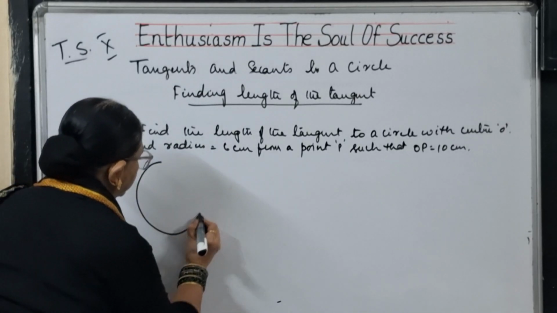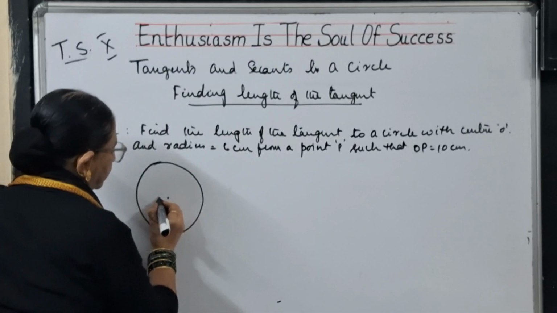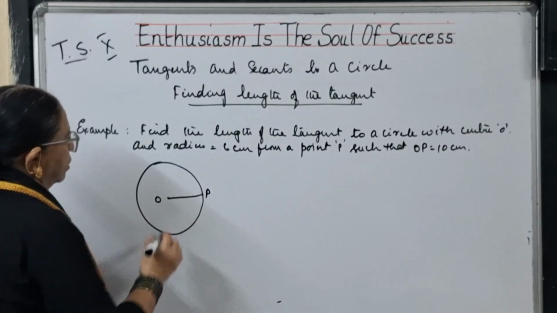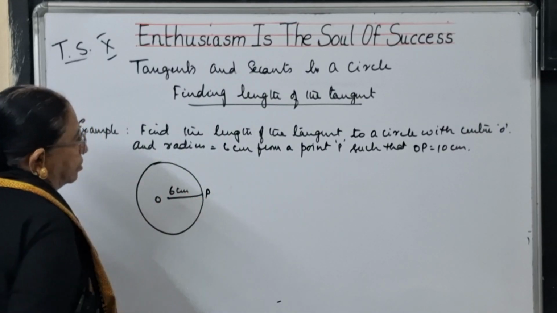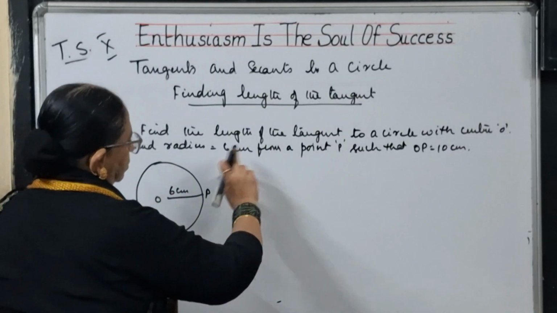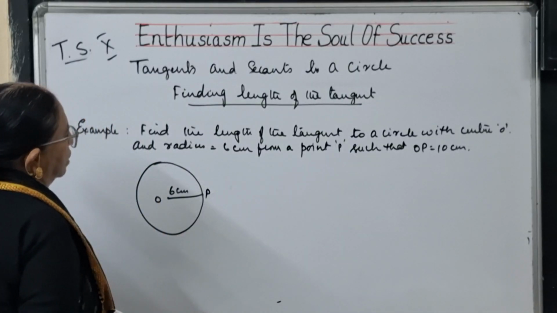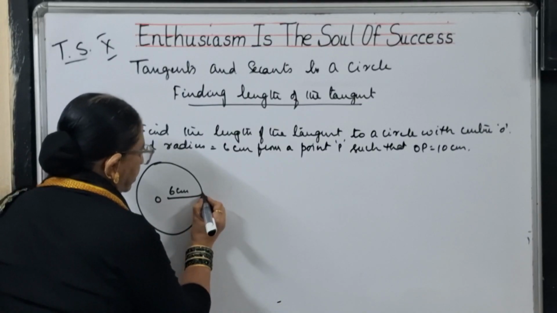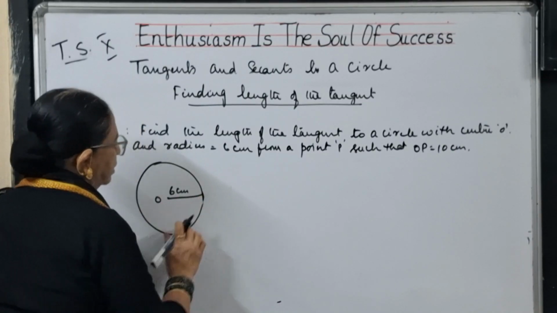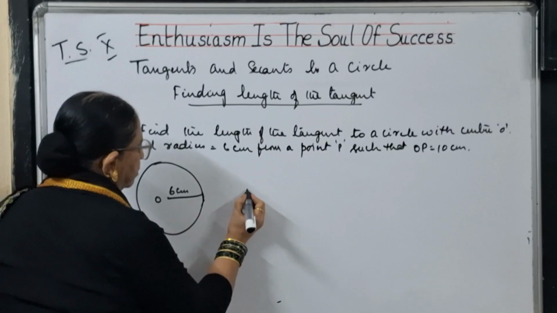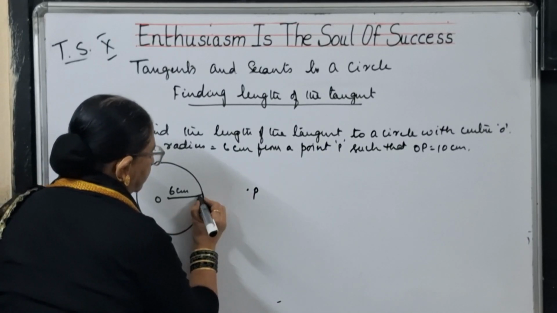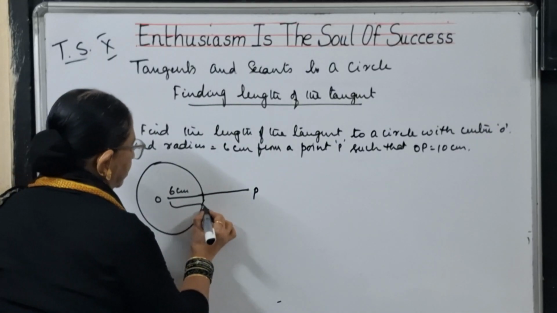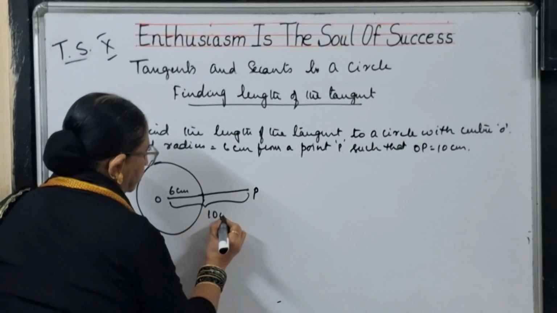You have got a circle with center O. Let me take the radius of the circle as 6 centimeters and there is a point P here which is 10 centimeters away. This whole distance is 10 centimeters.